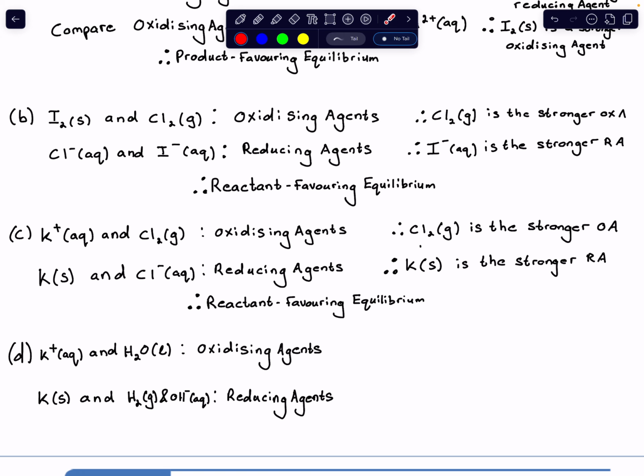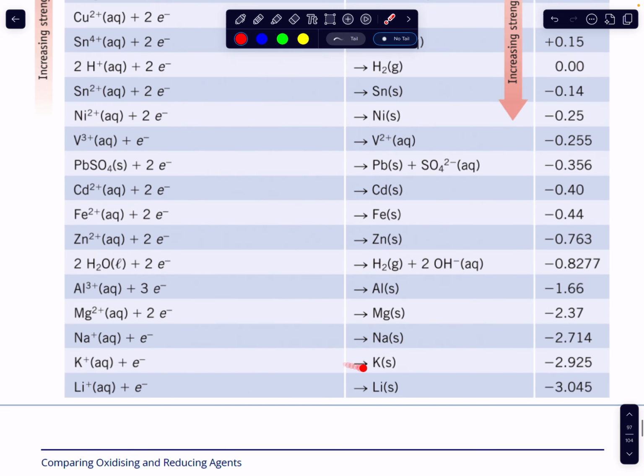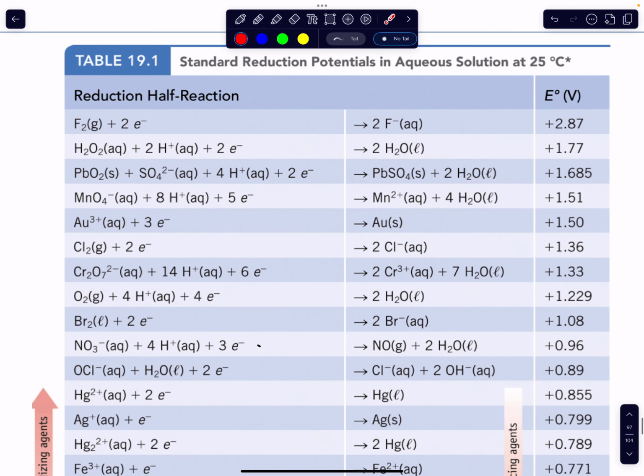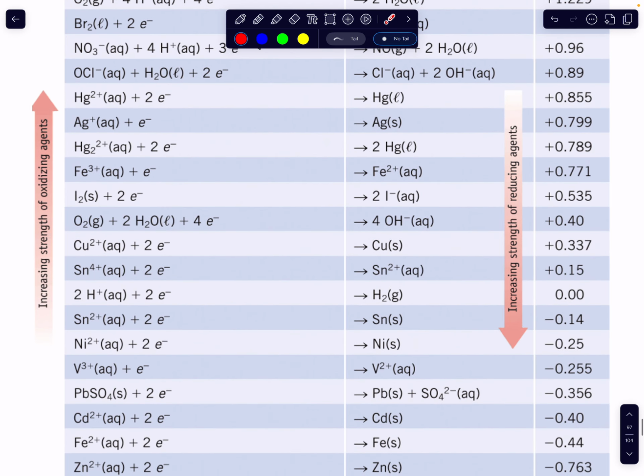All right, so let's first look at the oxidizing agents. So again, we're looking at potassium. Potassium is here way at the bottom. So K+, in terms of oxidizing agent, in terms of being reduced, rarely wants to undergo that. So almost anything above that, we just need to find the reaction to confirm where it is. So where is water?